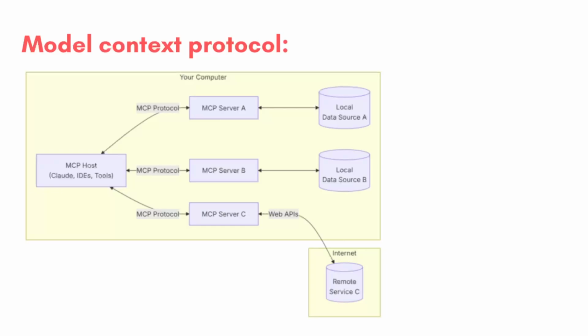Then you have the MCP protocol, and the MCP protocol is going to talk to the MCP server, and the MCP server can then do various tasks with your local data source or with other kind of sources, like going to a web API. So far so good.